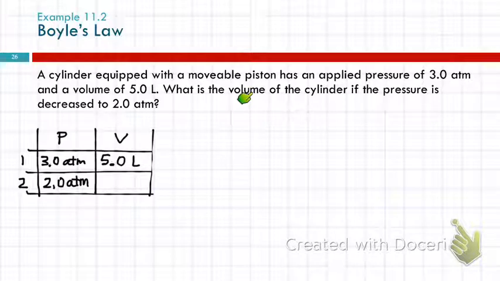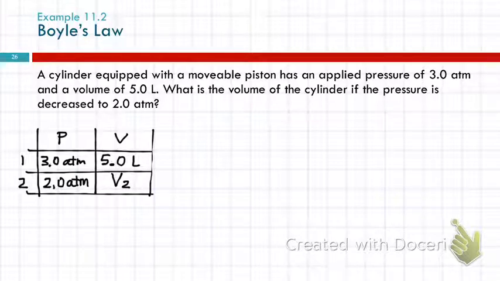What is the volume? This is the volume when the pressure is 2 atmospheres. So this is my question right here. Because this is volume in row 2, I'm going to call that V2. I have now labeled all my stuff. This is P1, this is V1, this is P2, this is V2.